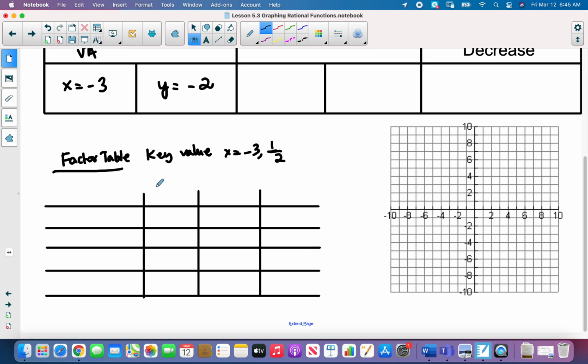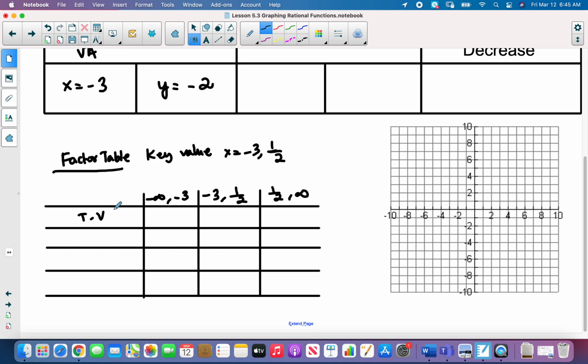So we go from -infinity to the leftmost value, which is -3. Then from -3 to 1/2, then from 1/2 to infinity.